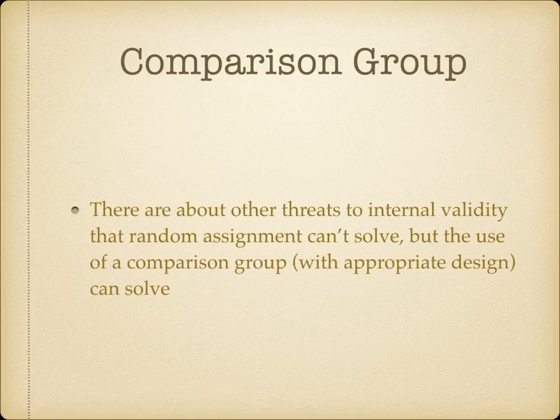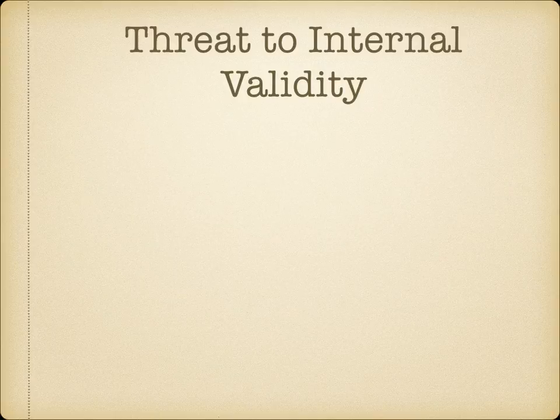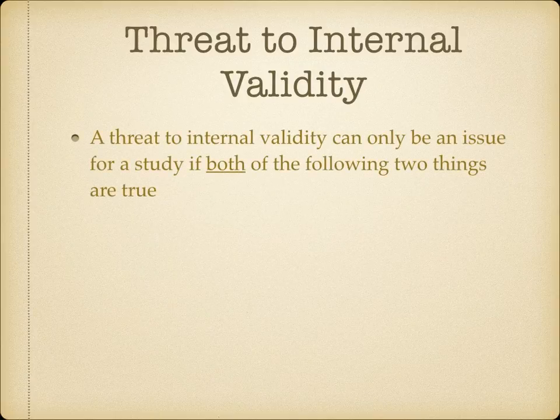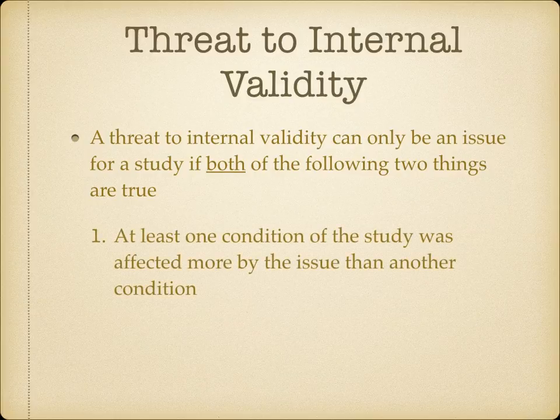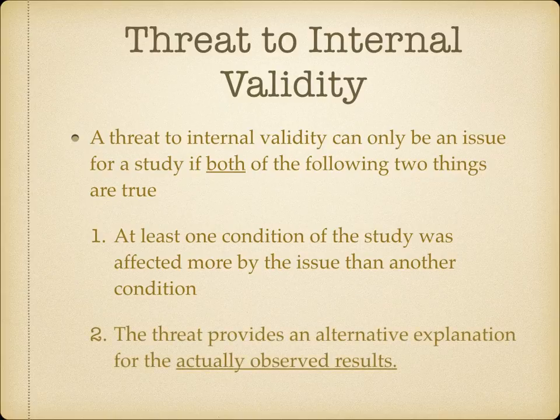There are other threats to internal validity that random assignment simply can't solve. But the use of a comparison group, as long as we have other appropriate design characteristics, can solve it. A threat to internal validity, to remind you, can only be an issue for a study if the following two things are true. At least one condition of the study was affected more by the issue than another condition, and the threat provides an alternative explanation for the actually observed results.